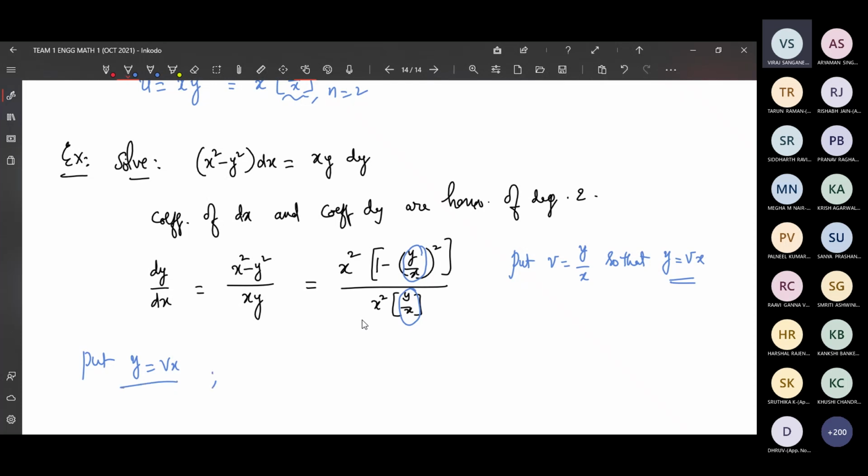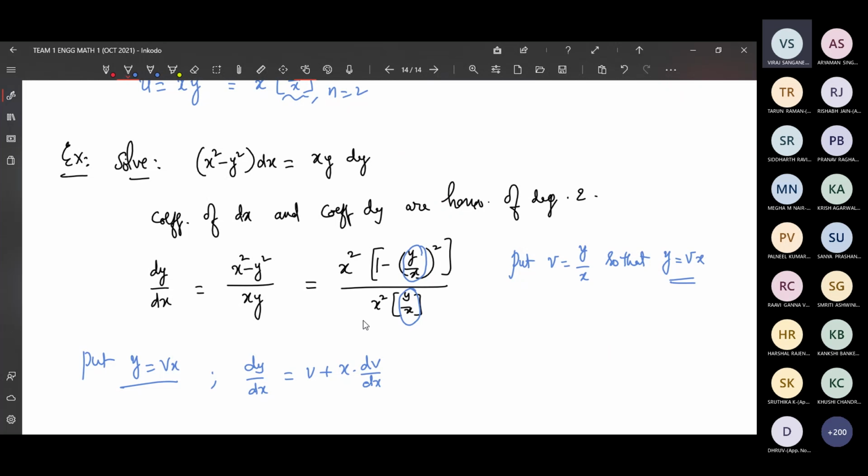Taking the derivative on both sides, dy by dx equals, by the product rule, v into dx by dx, that means v, plus x into the derivative of v with respect to x. v is a function of x here, don't forget that. v is y by x, that means v is a function of x. Therefore, by the product rule, v plus x dv by dx.